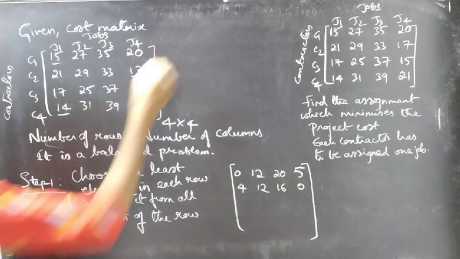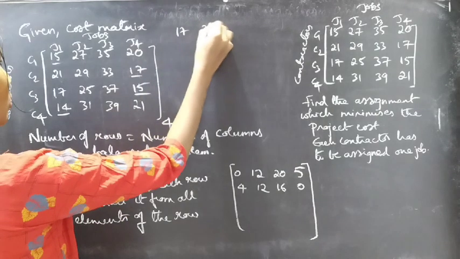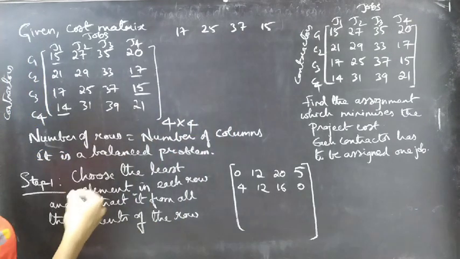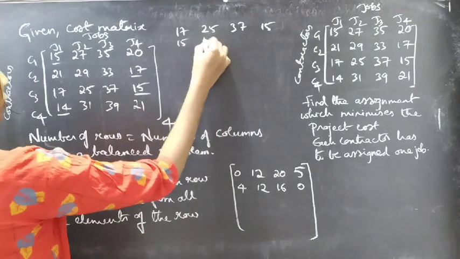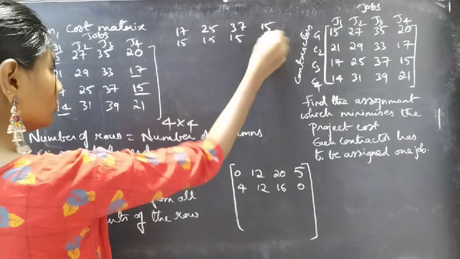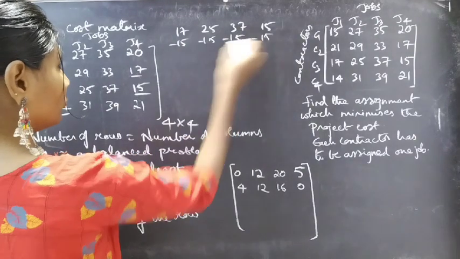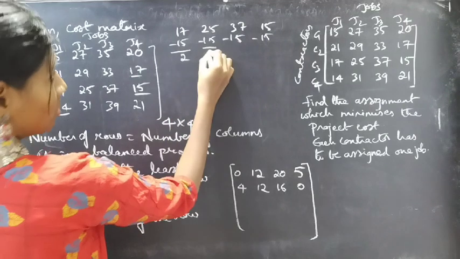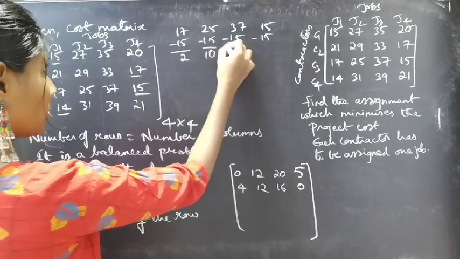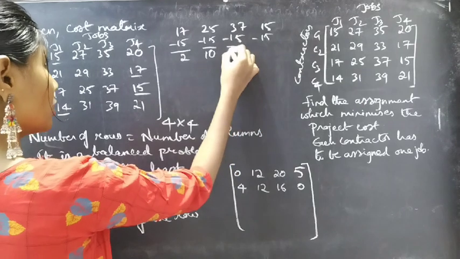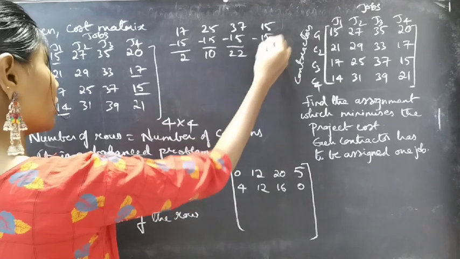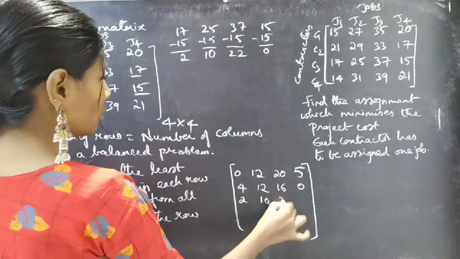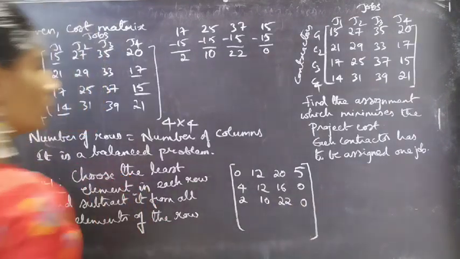Now coming to the third row, 17, 25, 37, 15. We need to subtract 15 from all these entries. 17 minus 15 is 2, 25 minus 15 is 10, 37 minus 15 is 22, 15 minus 15 is 0. So you'll get 2, 10, 22, 0 in the third row.